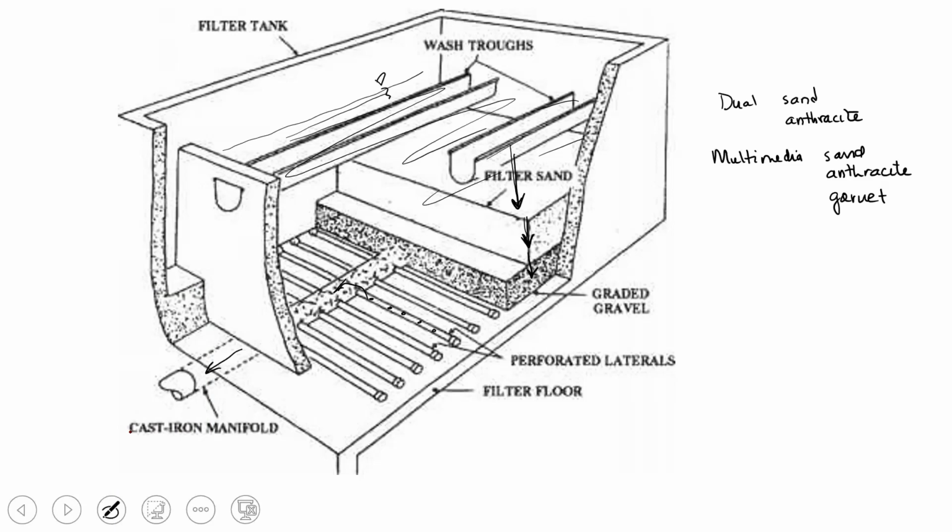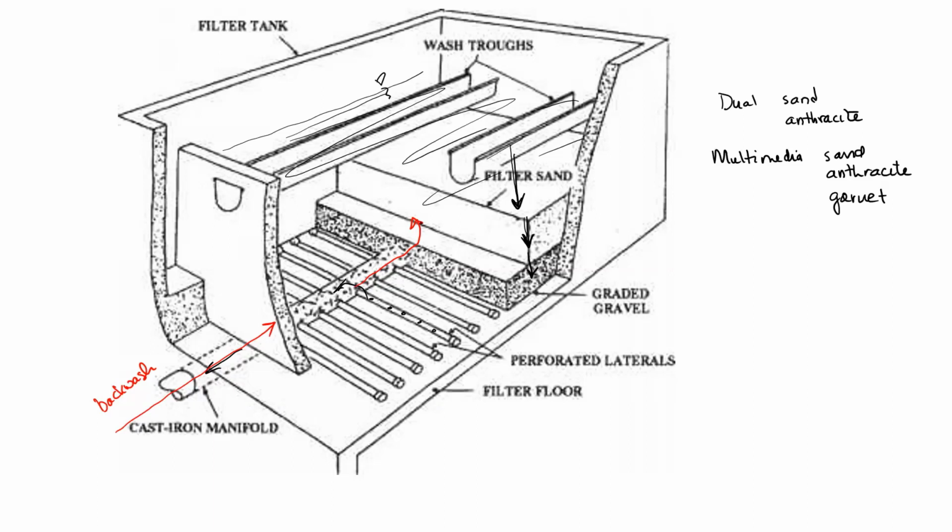During backwashing, the opposite happens. The red is backwashing. Now we have flow in the opposite direction. We have flow now up. We fluidize the sand, so basically the sand particles are essentially floating.